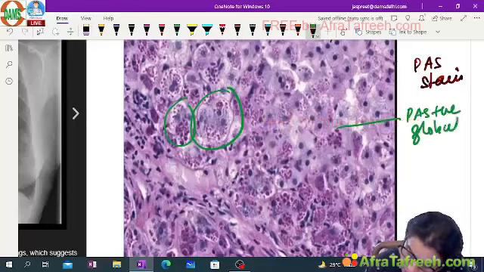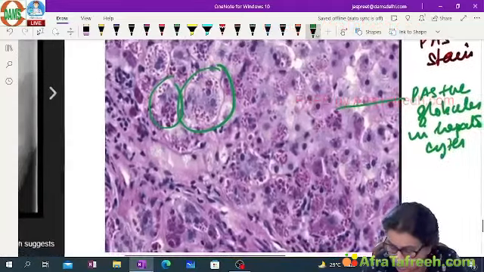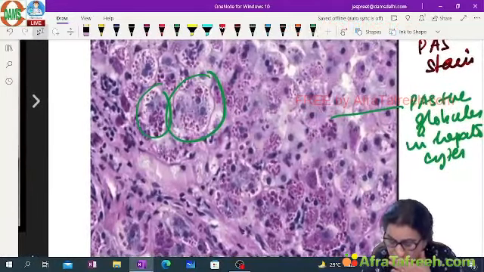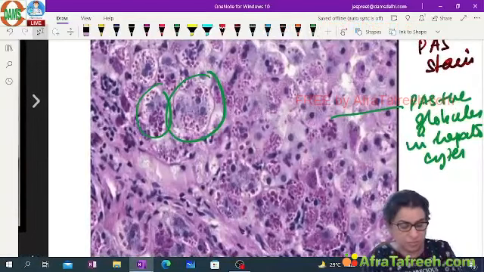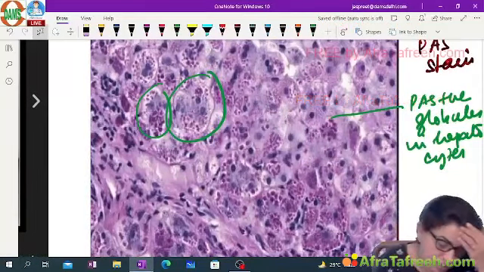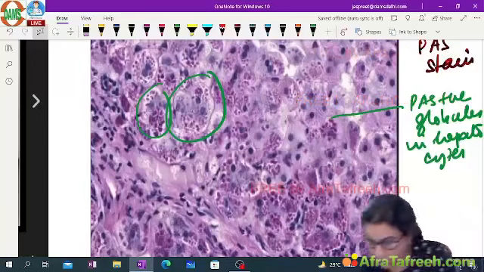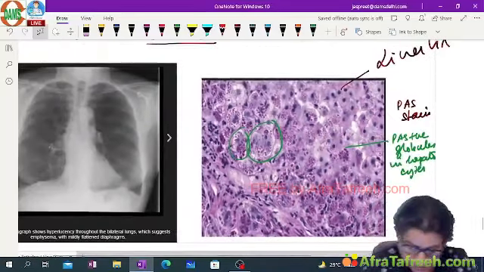I am zooming the picture. You can see these PAS positive globules in the hepatocytes. So this is alpha-1 antitrypsin deficiency.